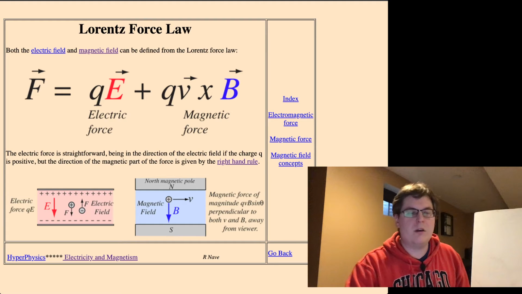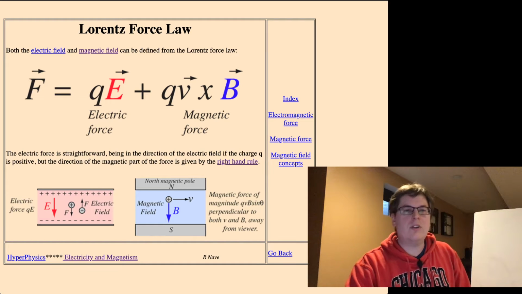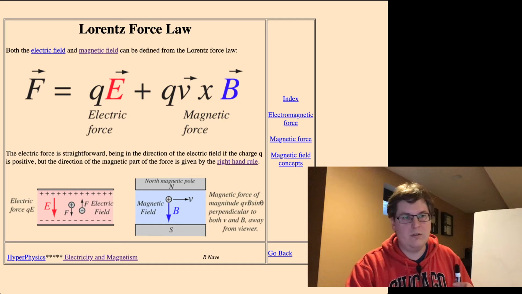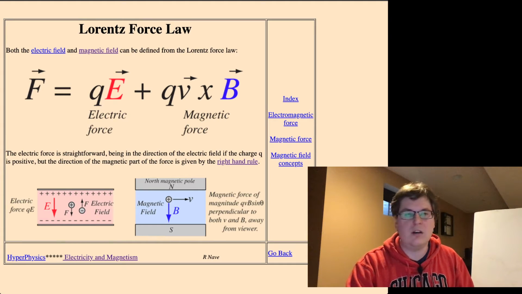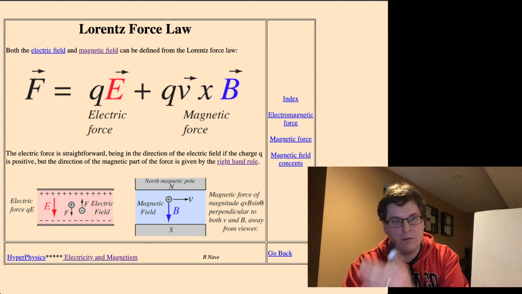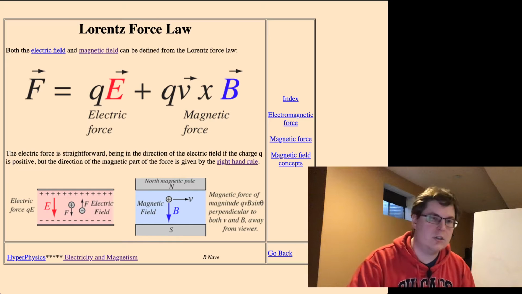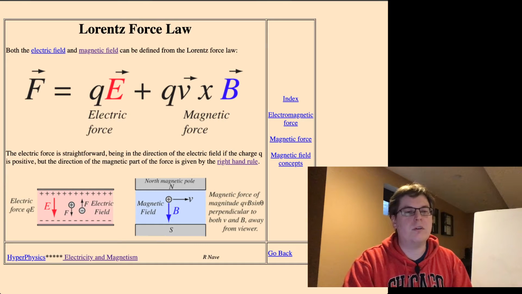And by the way, don't be alarmed by the fact that you've got this electric force in the first term. What they're telling you is that if you wanted to calculate the total net overall force, that's on the left-hand side of the equation there, then you would have to add the magnetic force acting on the particle, that's QVB, plus the additional electric force acting on the particle.